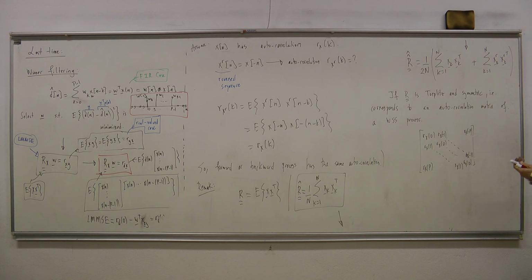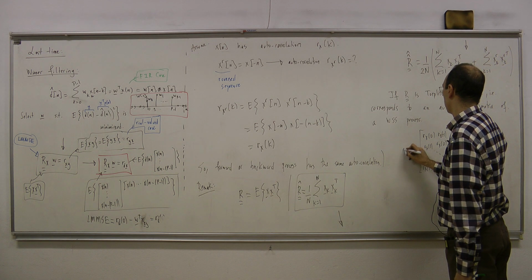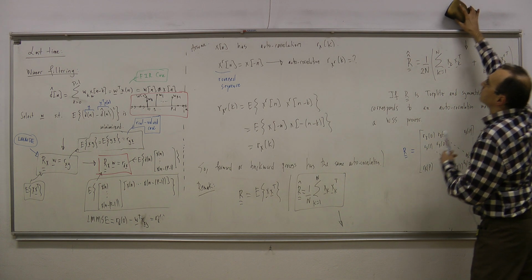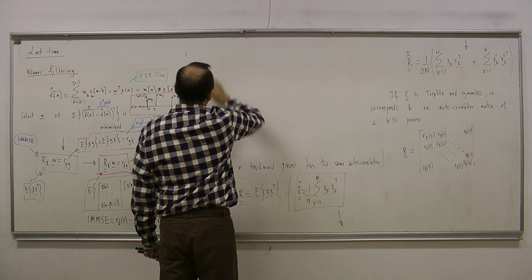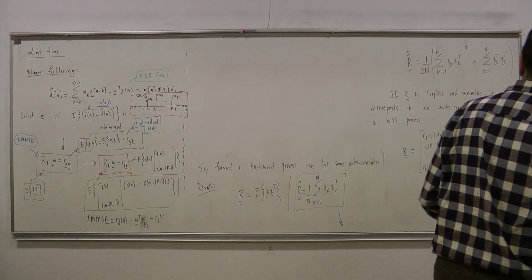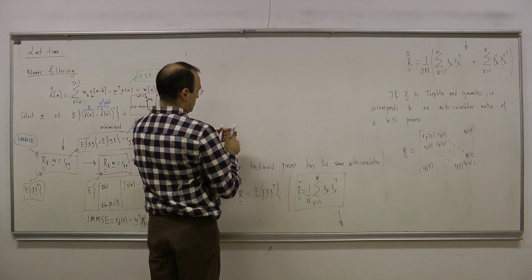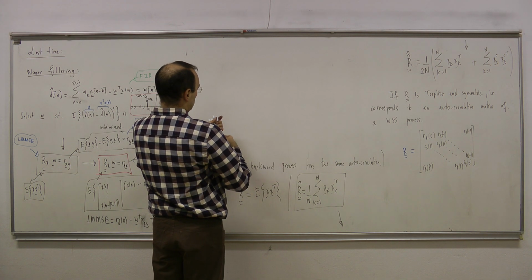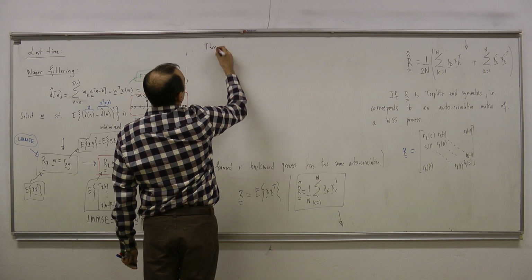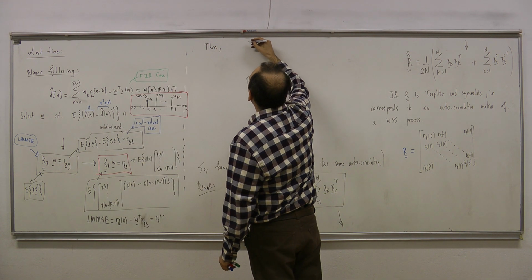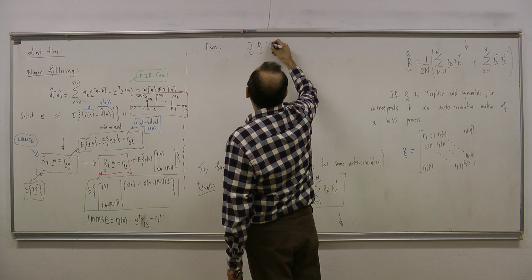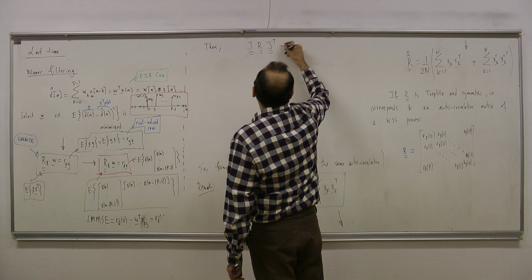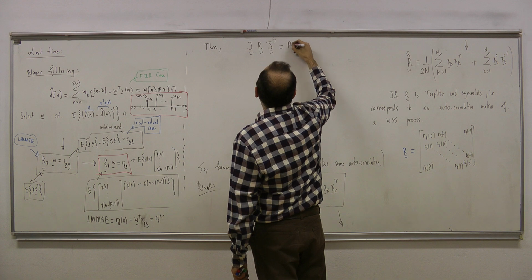Now, if this is my R matrix, then number one, let me write this: J times R times J transpose is equal to this R matrix.